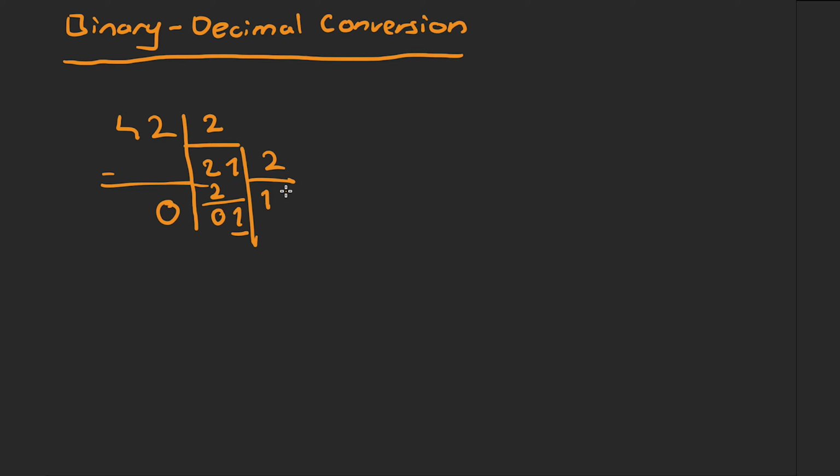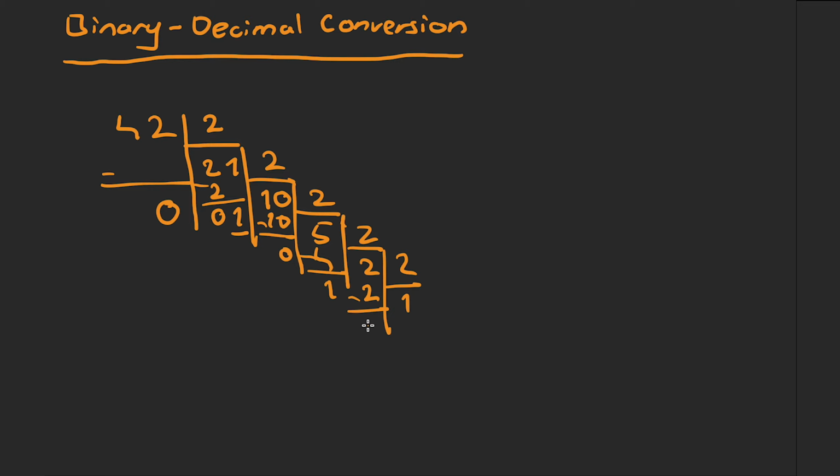10 and the remainder 1. Again, divide by 2. It's a 0. Again, divide by 2. It's a 1. And again, divide by 2. It's a 0. And the resulting value is 1. So what you're going to do is start by placing these values from the right-hand side, starting with the final resulting value of 1, and just placing all the other values that are left.